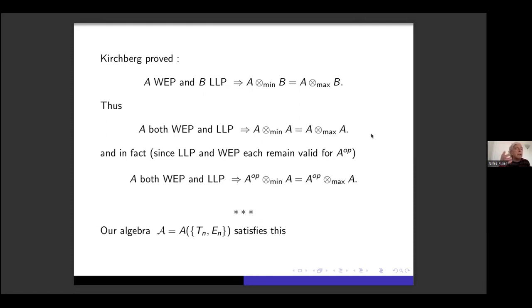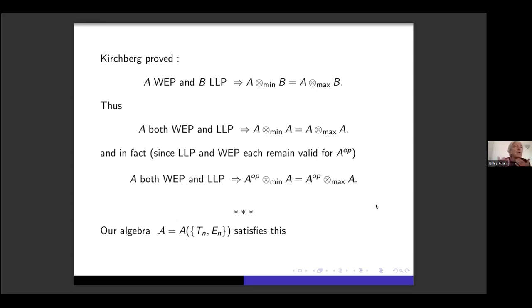And so this explains my interest in this situation, because if I can construct, and this is exactly what I've been doing, an algebra script A, then I have a new counterexample to this sort that this is non-nuclear.